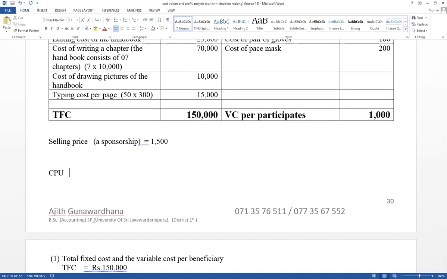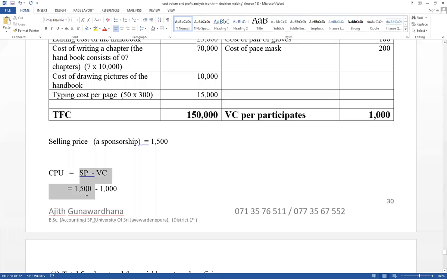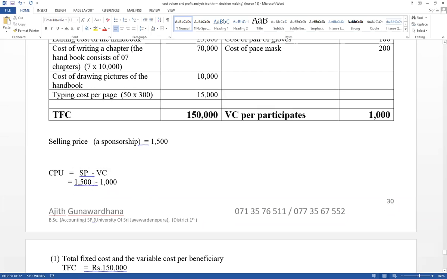Contribution per unit equal, they don't ask, but we have to calculate, selling price minus variable cost. Selling price, you have to consider sponsorships 1500, minus variable cost per unit 1000. Therefore, contribution per unit equal rupees 500. They don't ask, but you have to calculate.